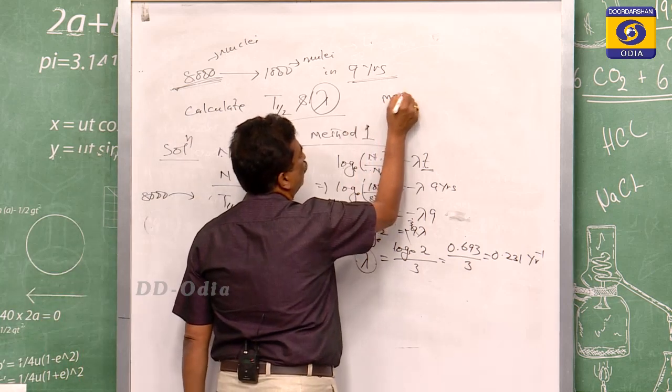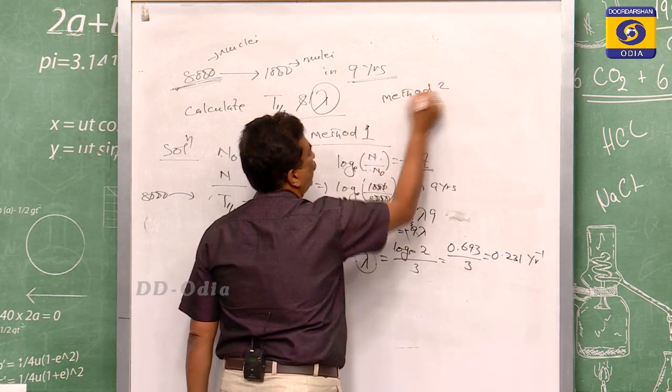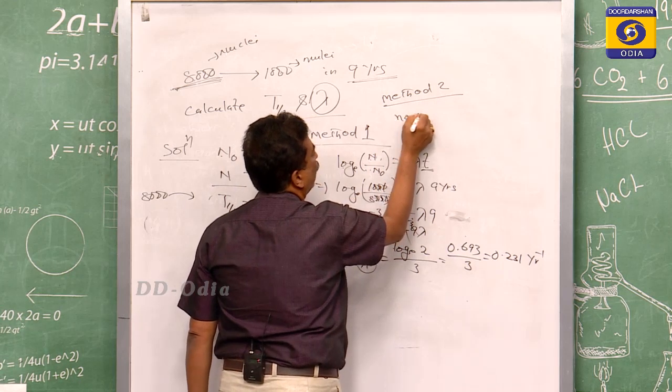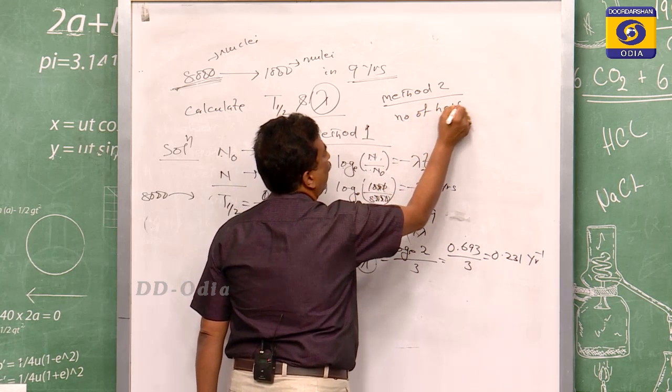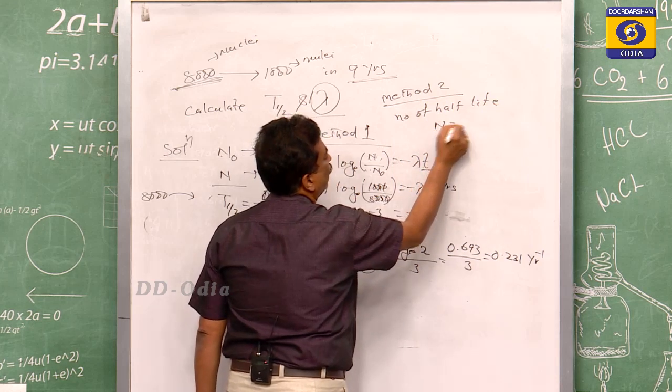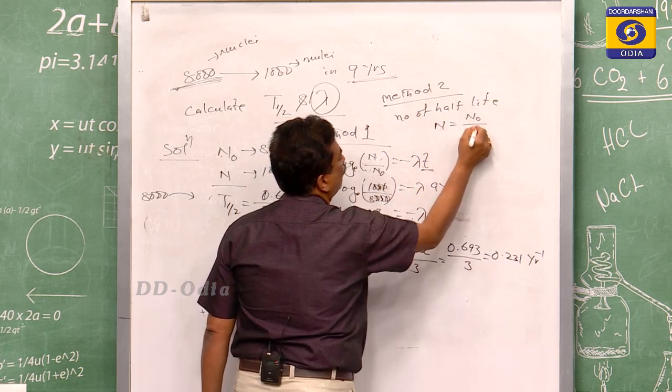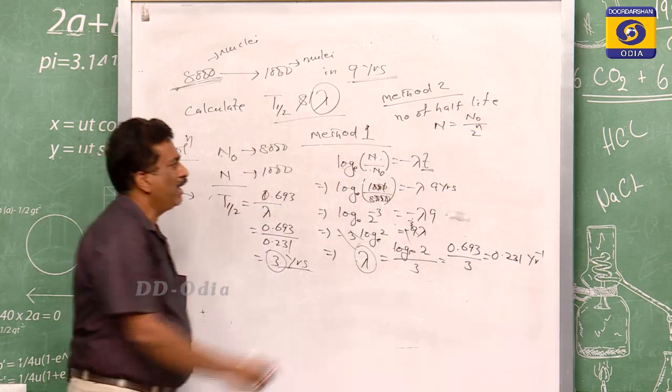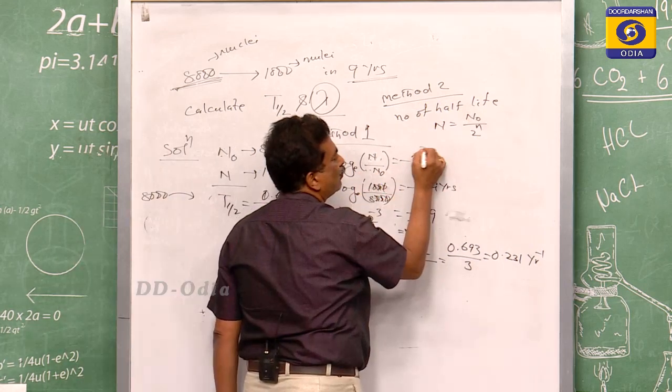According to method 2, the number of half lives n is given by N is equal to N0 by 2 to the power of n.